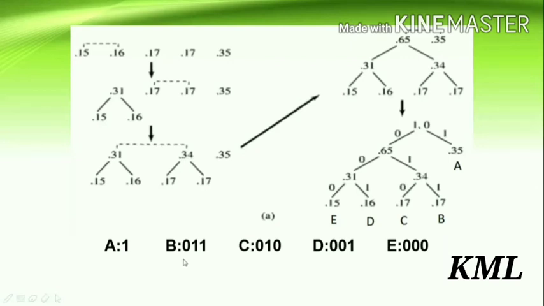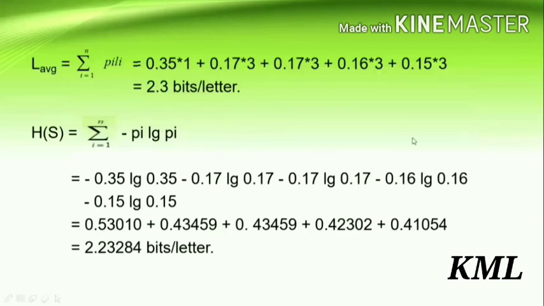Okay, length is the number of digits a particular code word contains. So here the length is 1, here the length is 3, here also 3, 3 and 3. So substitute them in the formula. So we get 0.35 into 1, 0.17 into 3 plus 0.17 into 3 plus 0.16 into 3 plus 0.15 into 3. So the answer is 2.3 bits per letter. So we got our L average.